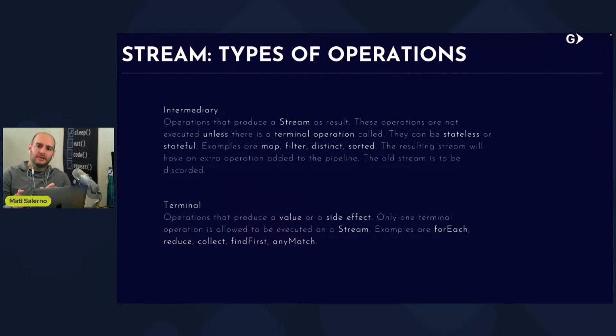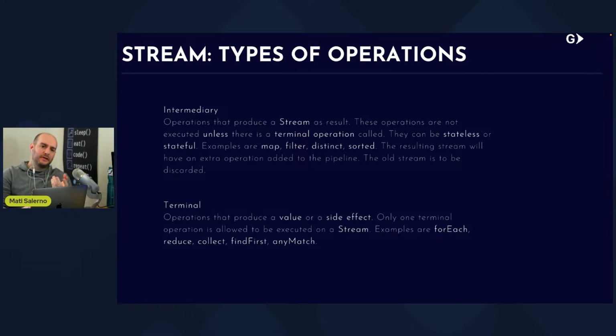These are all operations that will transform the stream or its elements, but they will not end the execution of the stream. So, for example, I can chain multiple map operations, or I can mix filter and then map and then distinct. So, basically, these are operations that are in the middle of the flow.